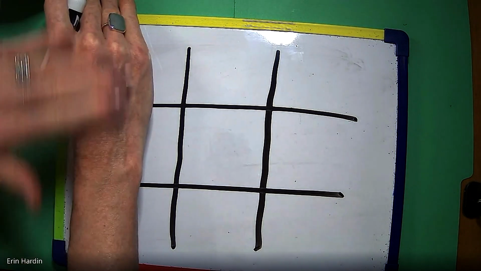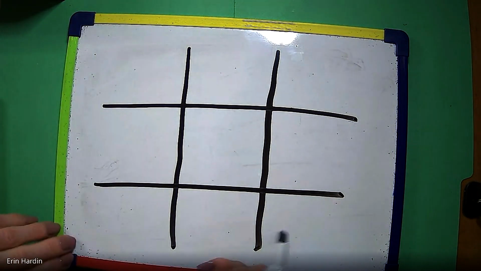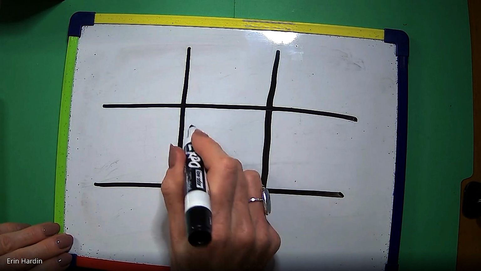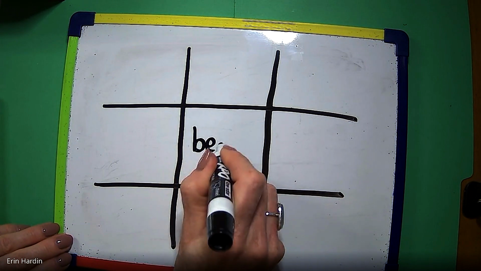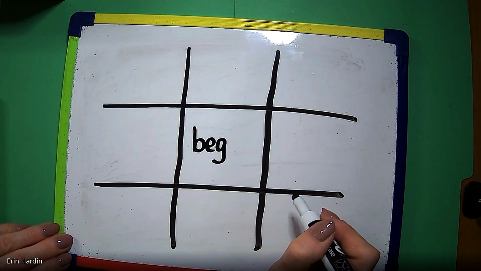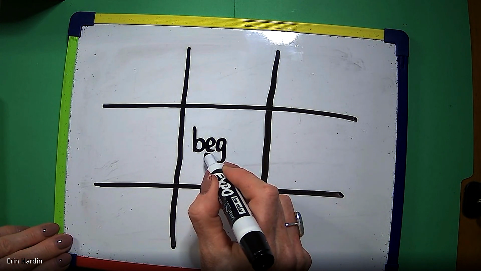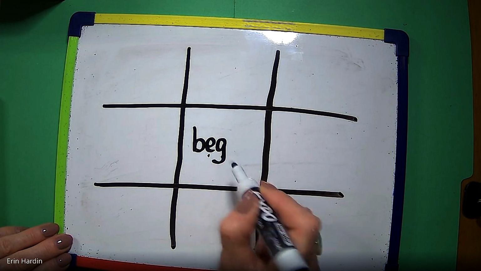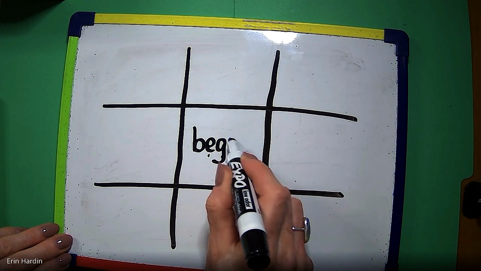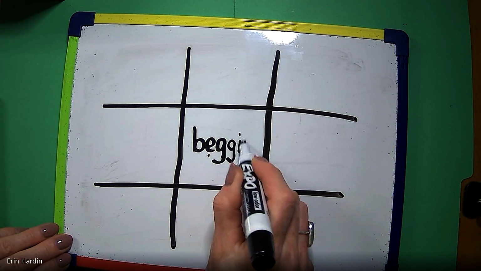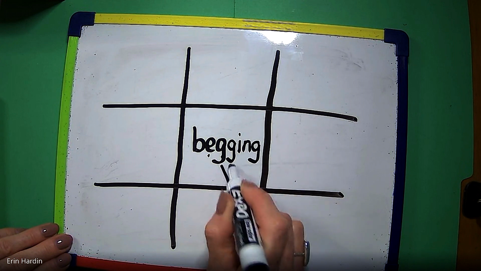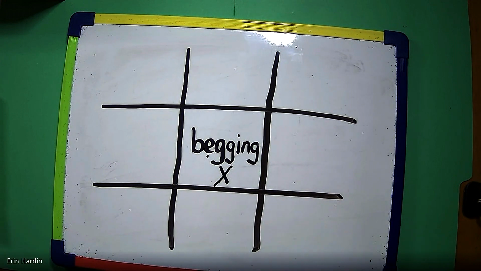B-e-g. Beg. That's just a short version of putting it on your arm. So we're going to write beg. B-e-g. Now we're going to add ing. Well, does it follow the 1-1-1 doubling rule? One short vowel, one final consonant, and ing starts with a vowel. So we need to double that G and add the ing. Begging. And then player two would have their turn.